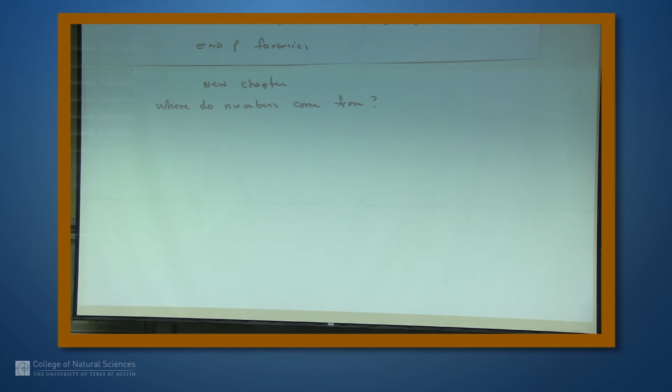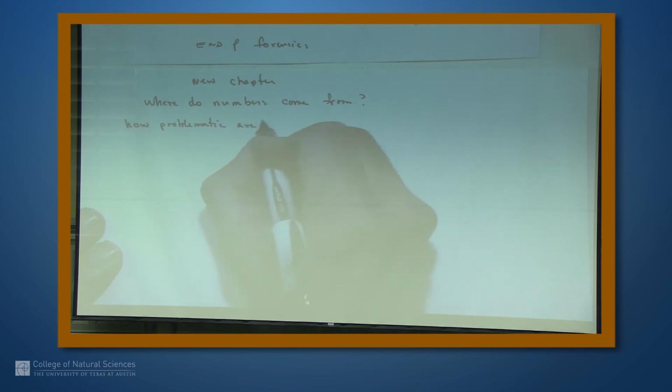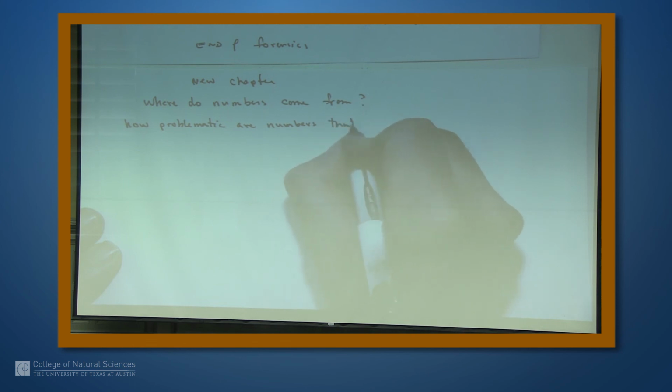What does it mean, etc. I'm not going to dissect this into all the nuances it deserves, but there are a few simple points that you can pay attention to figure things out. How problematic are numbers that we read about?